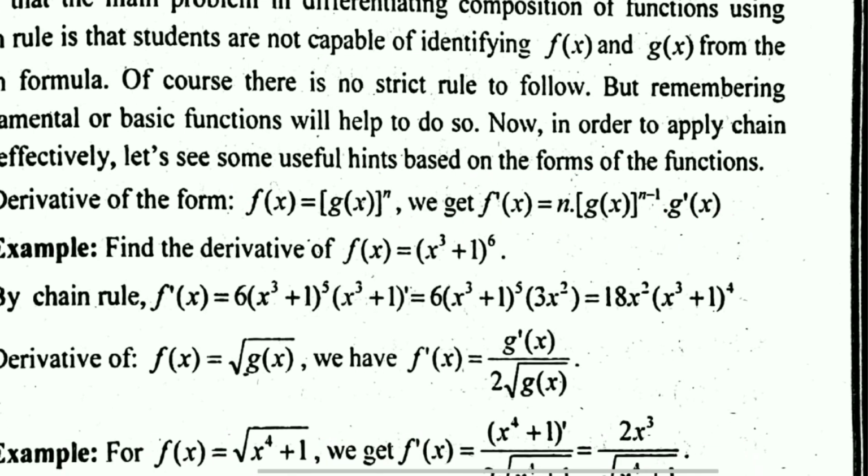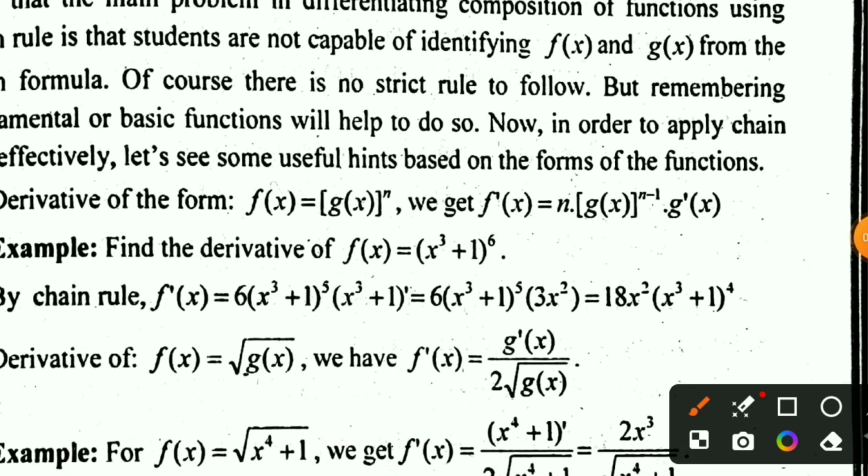Okay, for example, if we have f of x is equal to (x cubed plus 1) to the power of 6, what is the derivative? To find the derivative, take this 6 to the front: 6 times (x cubed plus 1), that is g of x, then its power is 5, then g derivative at x, that means our g is the entire function x cubed plus 1.